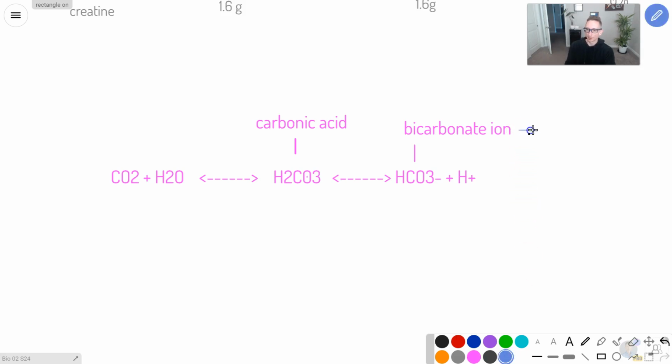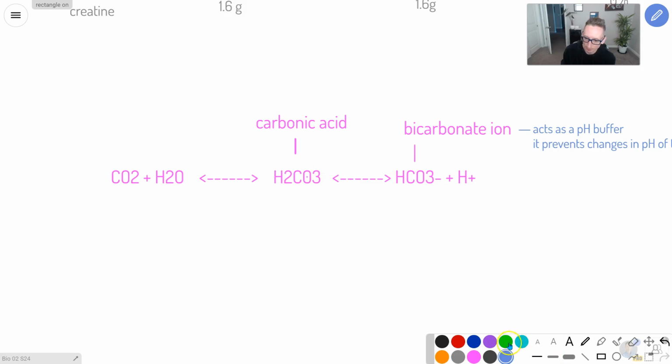Bicarbonate ion acts as a pH buffer. It prevents changes in pH of the blood. Because if you have a bunch of acid dumped into your blood, let's say, boom, bicarbonate ion can absorb that acid, be turned into carbonic acid.